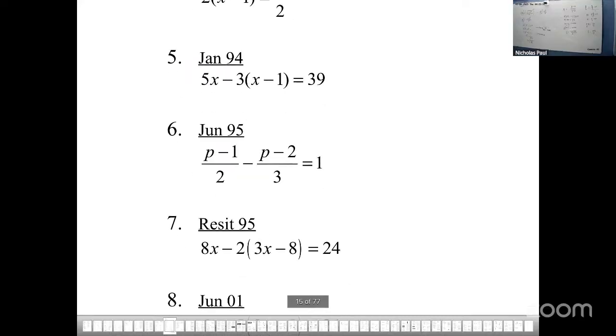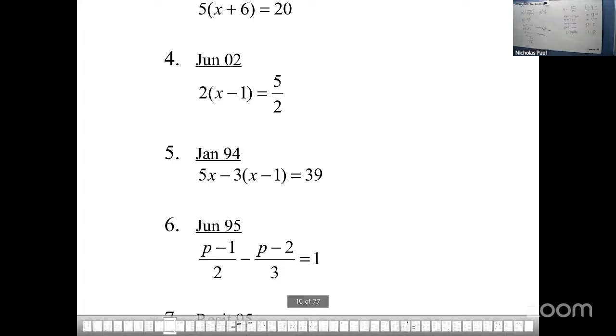Let's try 2002, that's number 4 and number 6. Remember, whenever you solve a question or solve an equation, what are you really doing?